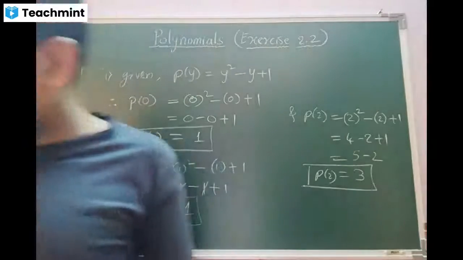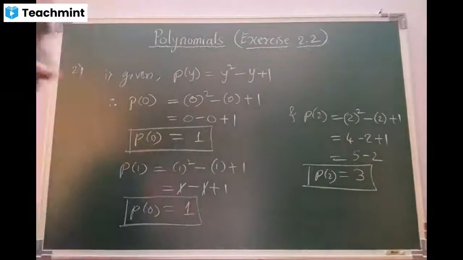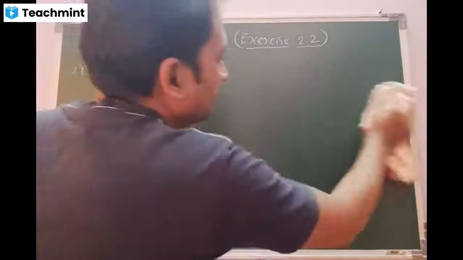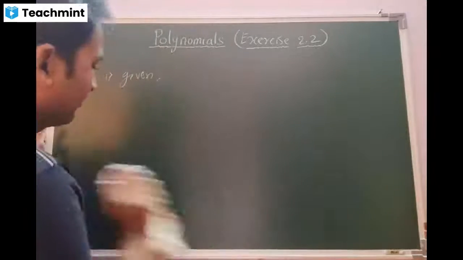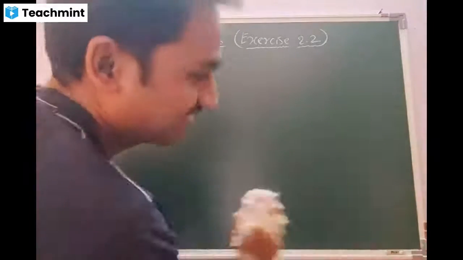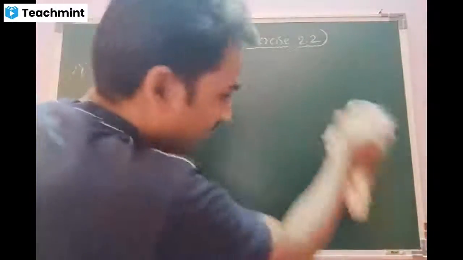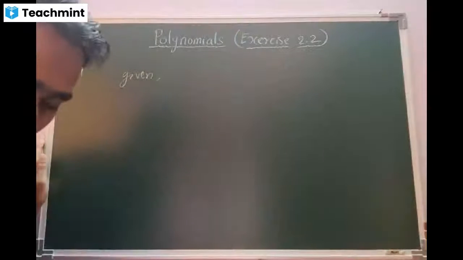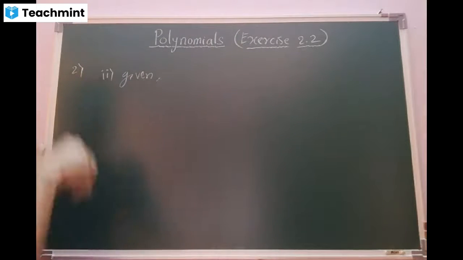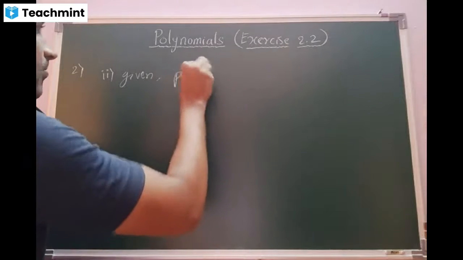Bhuneshwari, second: P(t) is equal to 2 plus t plus 2t square minus t cube. Beta, read the question again. P(t) is equal to 2 plus t plus 2t square minus t cube.